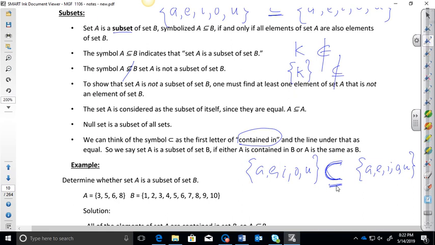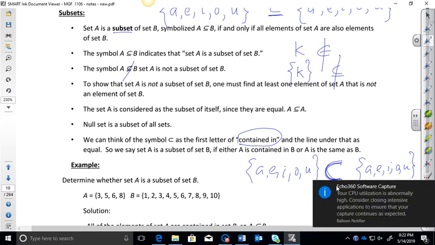These are proper subsets. The set itself cannot be a proper subset, but the set itself can be a subset. So these are the subsets of that 3-element set.